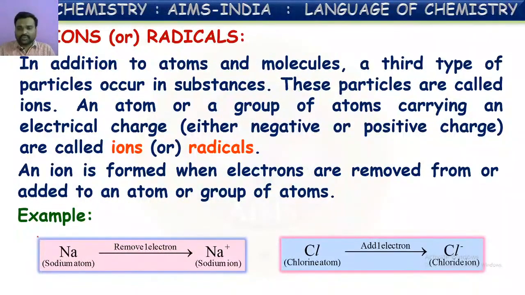When chlorine gains one electron, it forms Cl- ion, a negative ion. So by removal or gaining of electrons, atoms form ions.